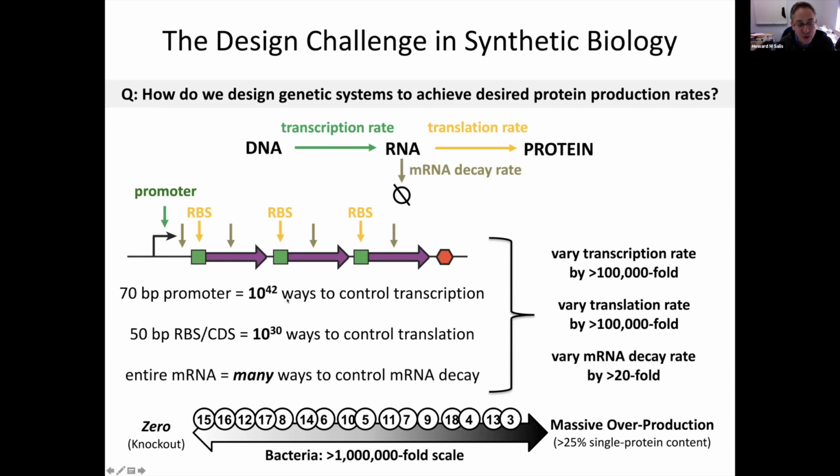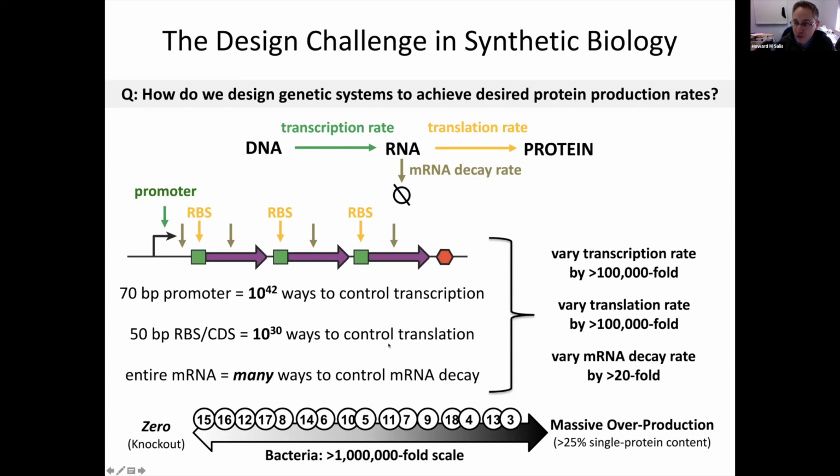And so if you start to enumerate all the different DNA sequences and all the different ways that you can design promoters that control transcription rates, design ribosome binding sites that control translation rates, design messenger RNAs that control their decay rates, it's a lot of ways, right? You end up with an astronomical number of possible choices that we need to make when you go to design a particular genetic system, and the outcomes are quite disparate.